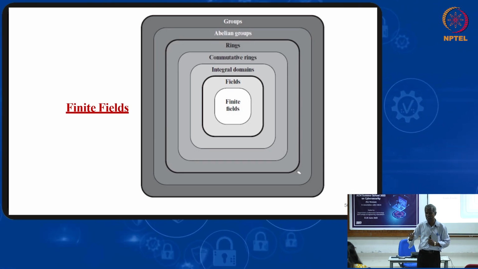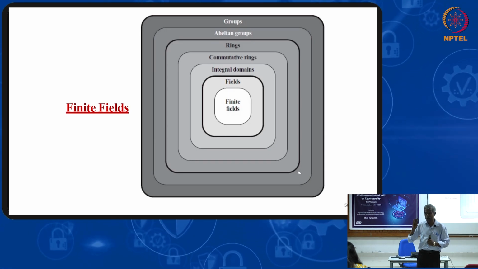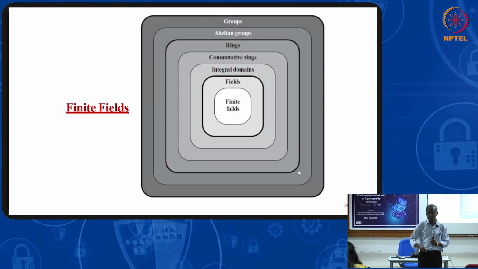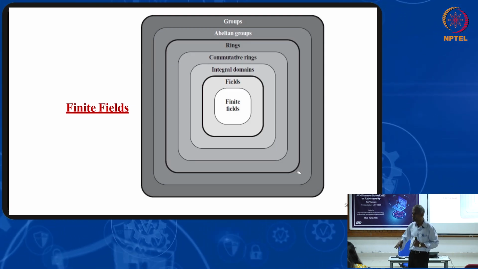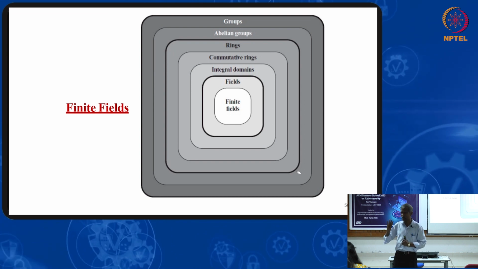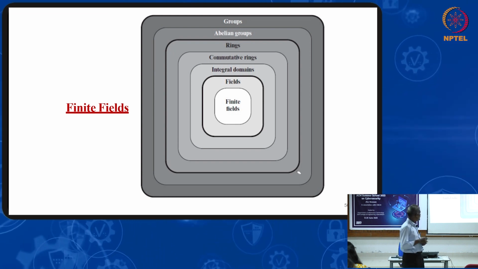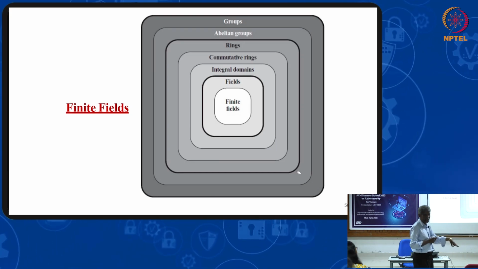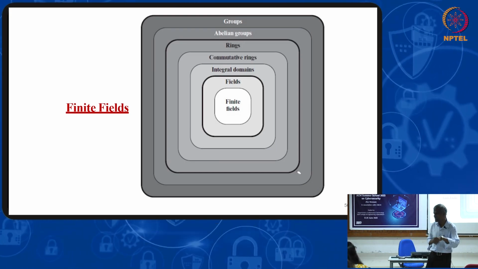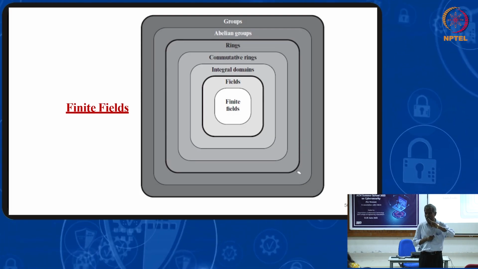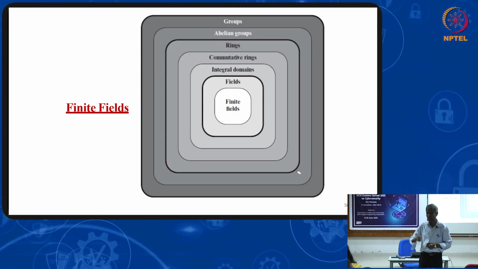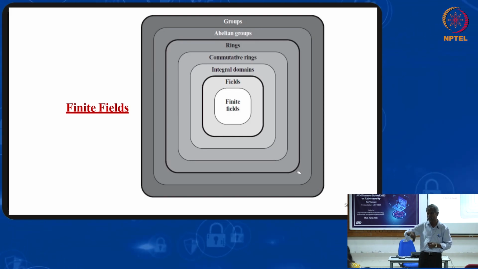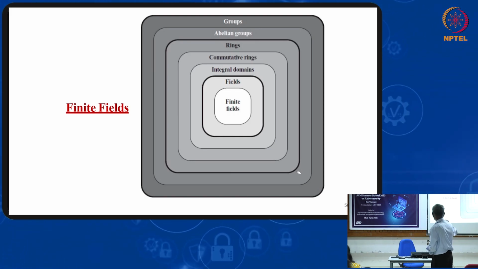If these 4 properties are satisfied, it is a group. Now, in addition to these four properties, if it is satisfying the commutative property also, that is called an abelian group. After that, for a field, with respect to multiplication, some properties as with respect to addition, including the distributive property. Distributive property: A into (B plus C) equals AB plus AC. If that property is also satisfied, then it will be a field.